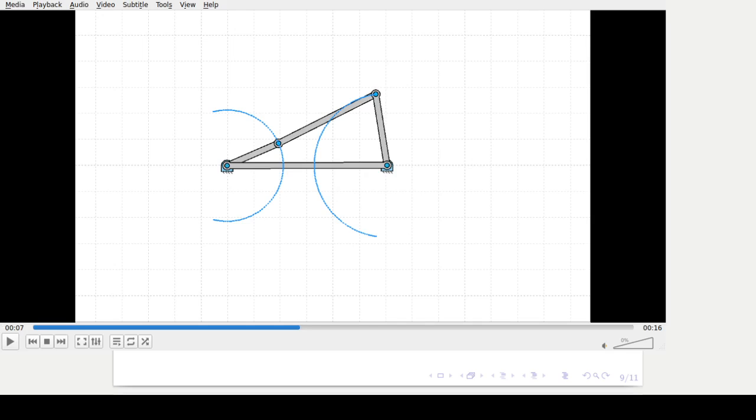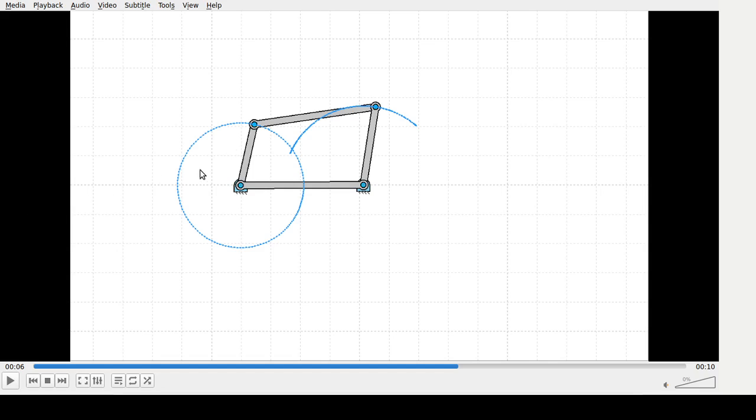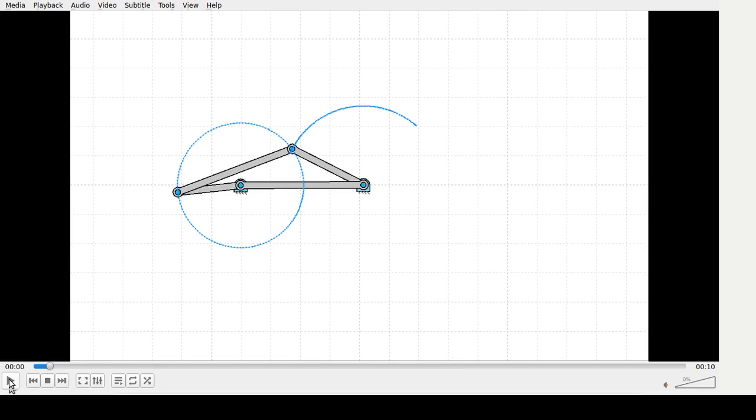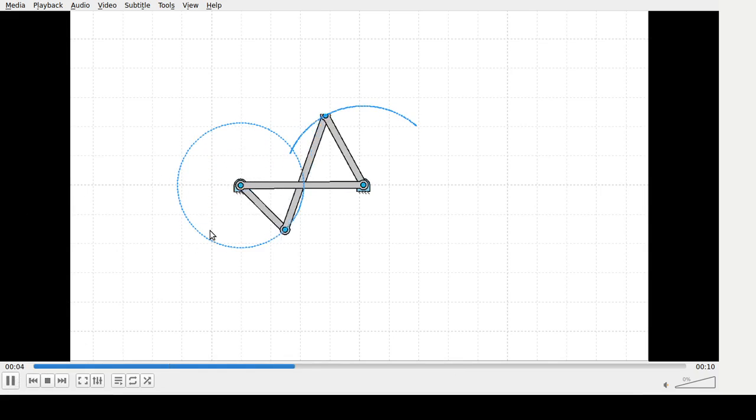At the same time, if we see this mechanism, this link is having a complete rotation, so that I could give a continuous rotation as an input.